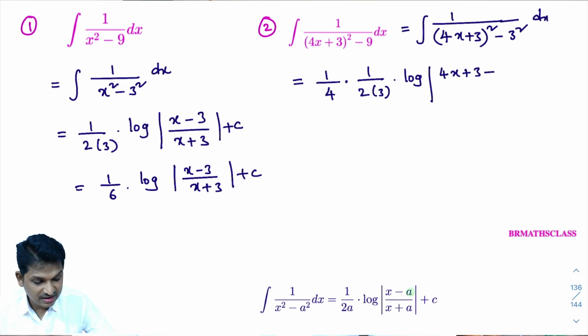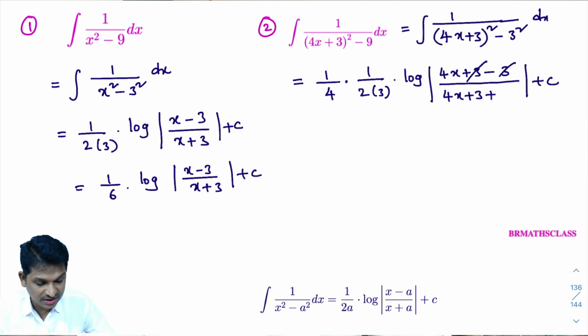What is a? a is 3 here. x minus a becomes 4x plus 3 minus 3, whole divided by x plus a, that is 4x plus 3 plus a, plus c. I hope you are understanding. Now look here, this plus 3 minus 3 will get cancelled.